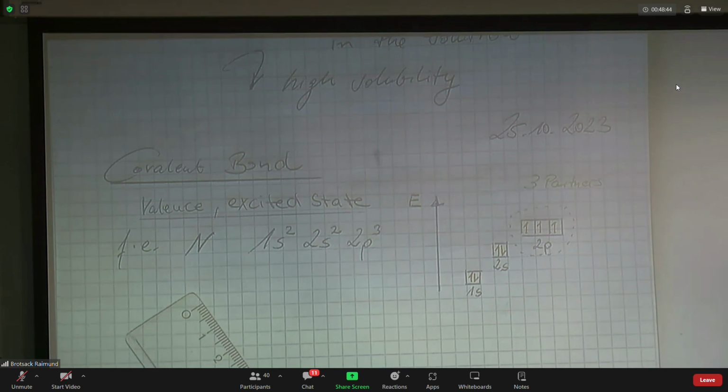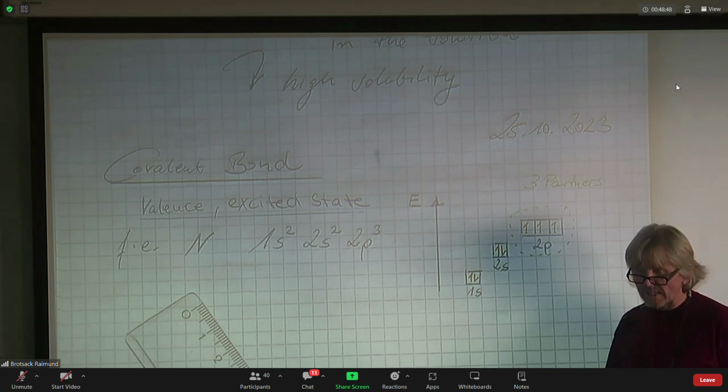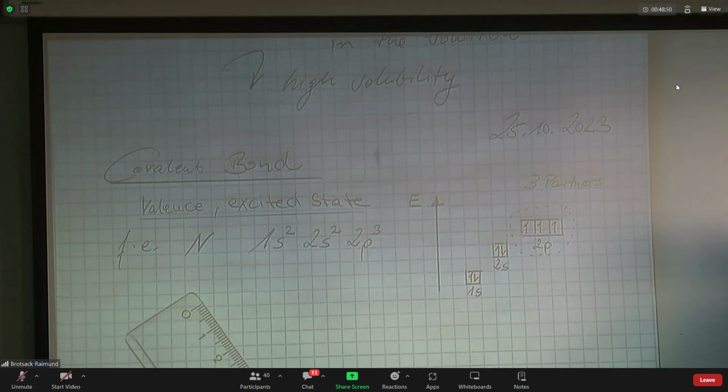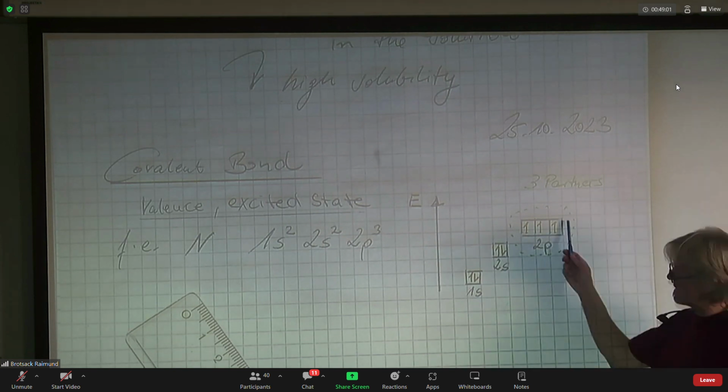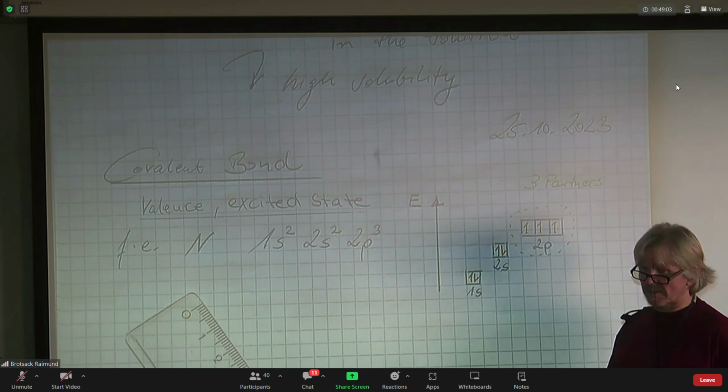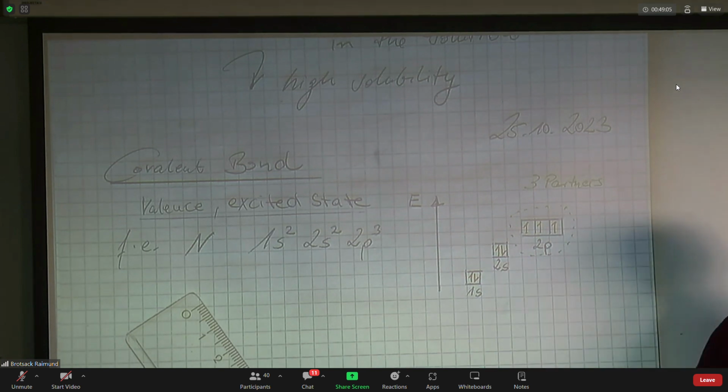Because we have a place for 3 electrons, and we need even 3 electrons if we want to create a kind of octet in the outer shell. Octet always means 8 electrons in the outer shell. This is the second one here in this case.